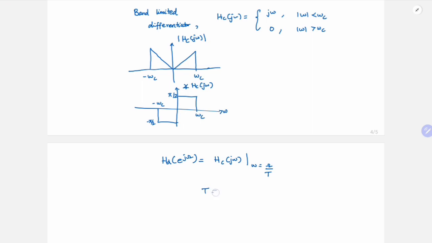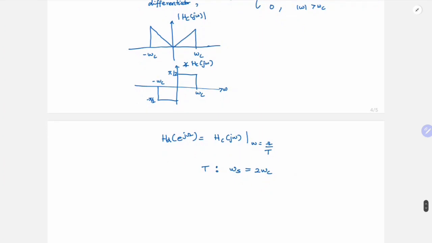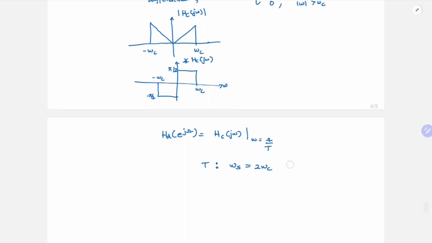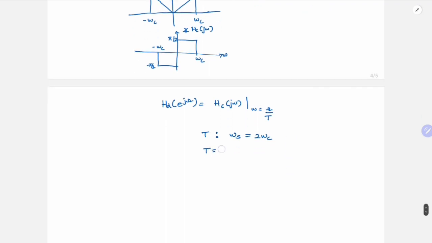And I can choose T such that ωs is equal to 2ωc. Here 2 is sufficient, maybe slightly greater than 2, but for this example we will consider it as 2. So then my T will be 2π/ωs, which is π/ωc.